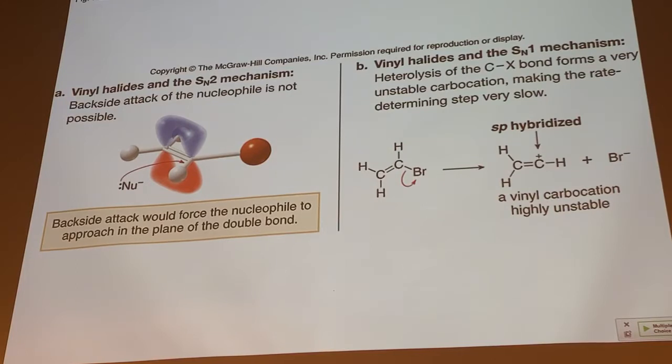The easiest way to think about it is to notice that there are only two groups attached to that sp hybridized vinyl carbocation. And so you have less groups available to donate electrons to that positively charged carbon, so it's going to be high in energy. So it's just not going to work, too high in energy. And again, the same thing would apply to an aryl halide as well.